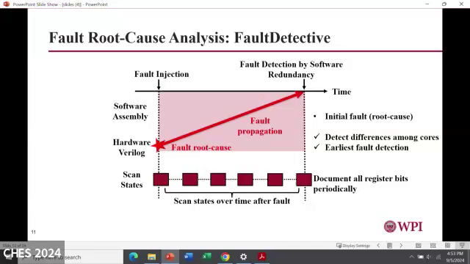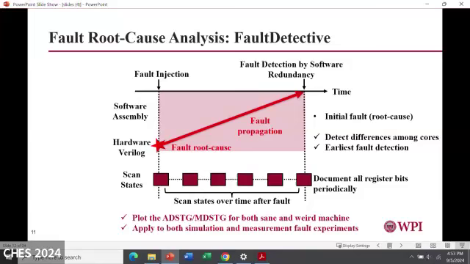Then by having all these register states, we're able to put together a story of what happened, how the fault impacted from the initial fault, and track the fault propagation all the way. This is how, by using the scan states, we're able to plot the dynamic state transition graph for the sane and the weird machine. Also, this can be applied to simulation and measurement.